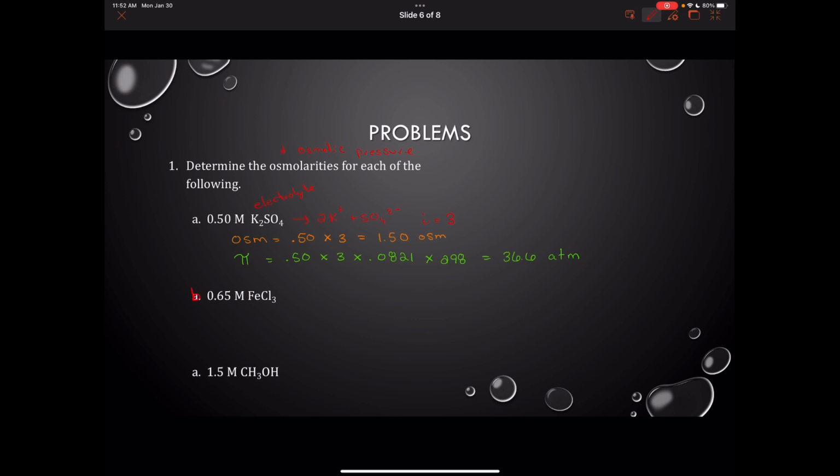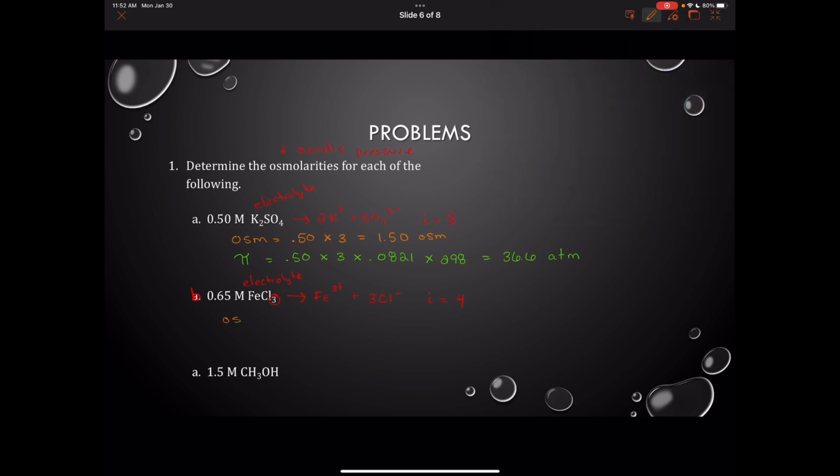Looking at our next problem, we've got a 0.65 molar solution of iron chloride. Iron is a metal, making this an ionic compound, making this an electrolyte. The iron 3 chloride is going to break into iron 3 plus. That subscript on the chlorine means there are 3 Cl minuses. So 1 iron plus 3 chlorides gives me 4 particles, so my I value is 4.